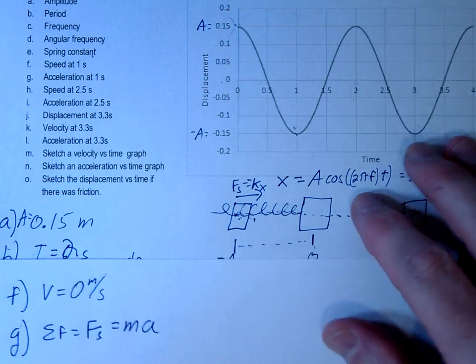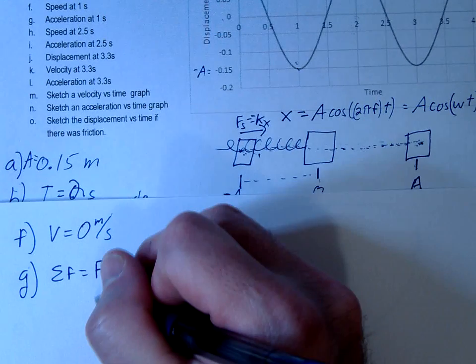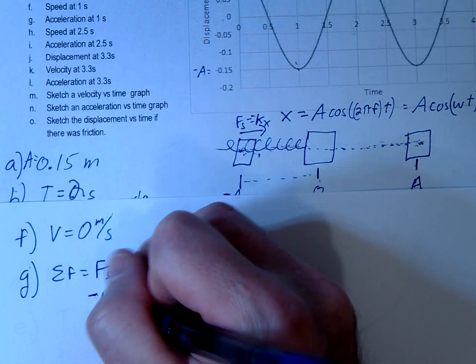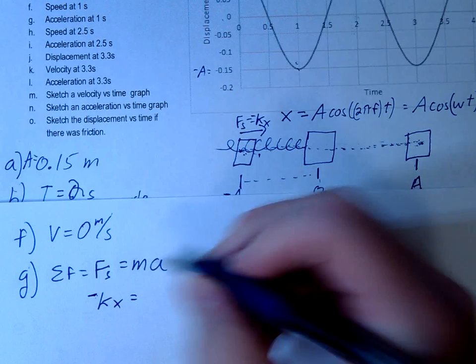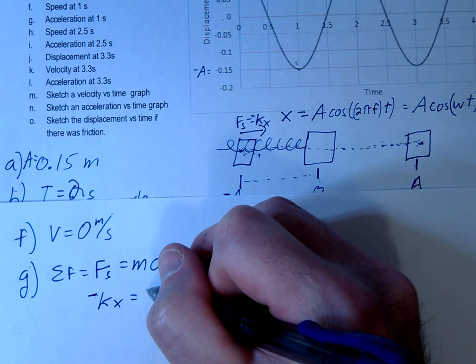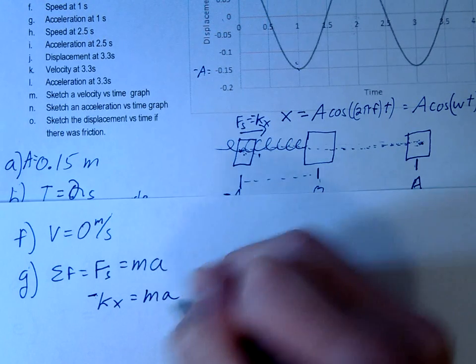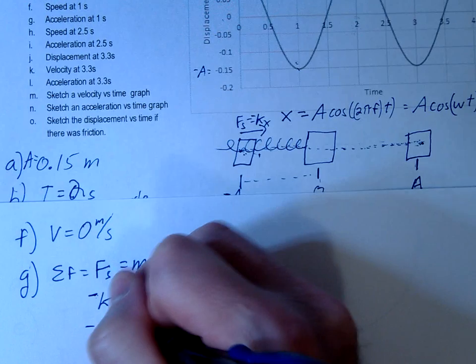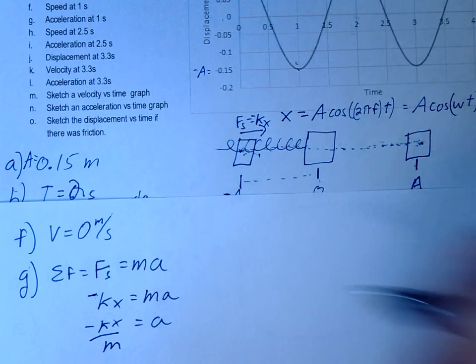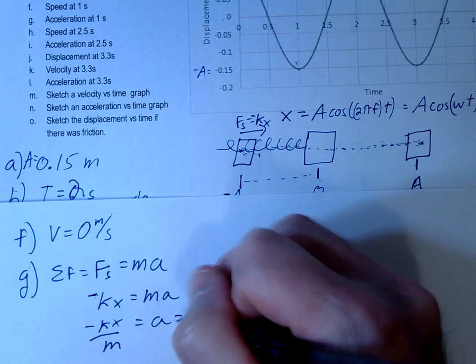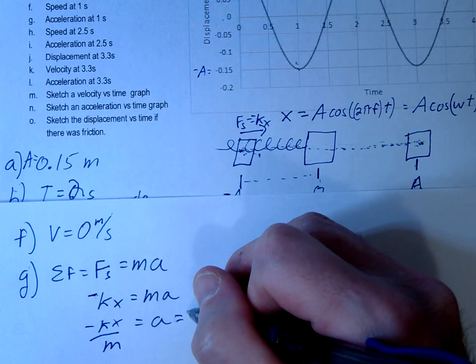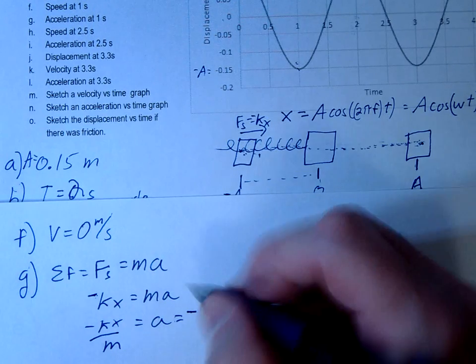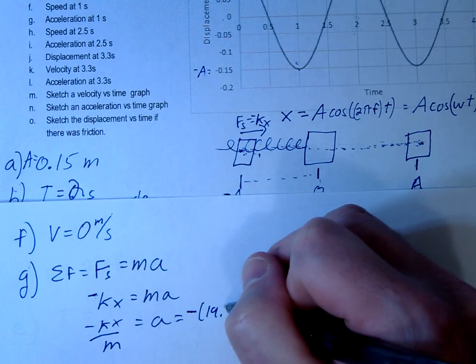And as I just mentioned, our spring force Fs is negative kx, equal to m times a, or a is equal to negative kx over m. Okay, let's substitute in what we know. So we go negative. Our k we just found was 19.7.